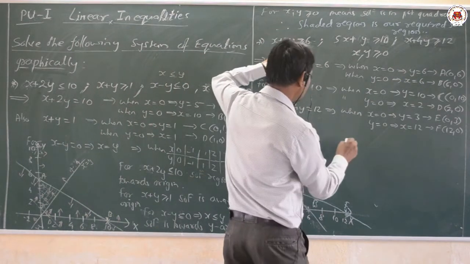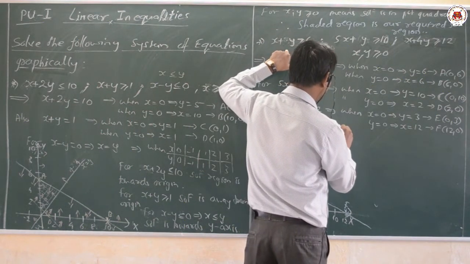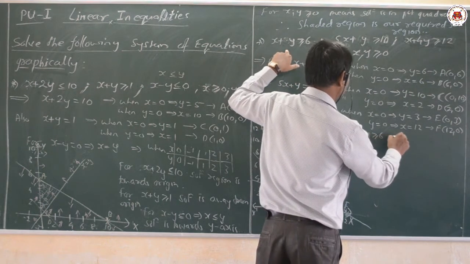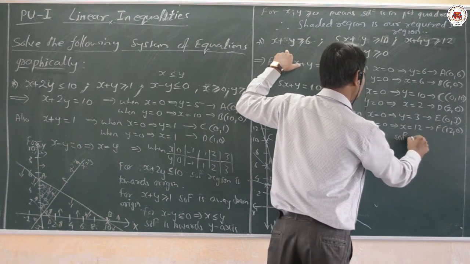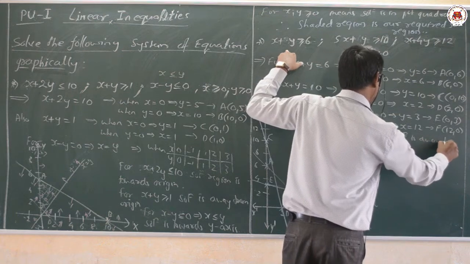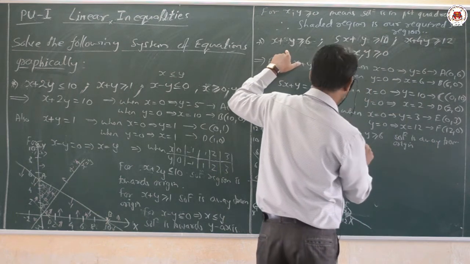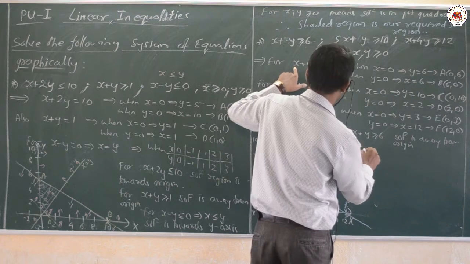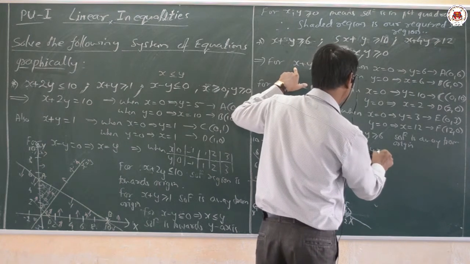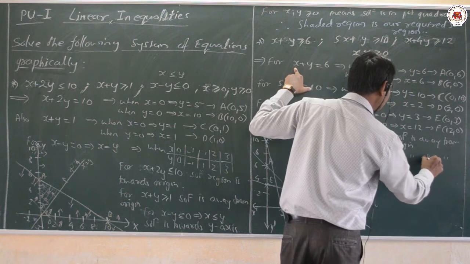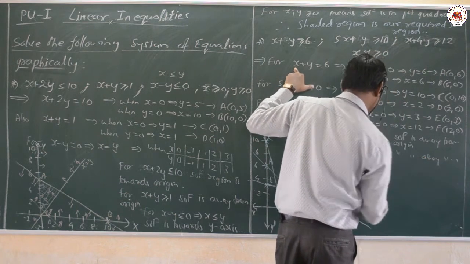For the first line we have the solution, that is for x plus y greater than or equal to 6, the solution is away from origin. And for the second line, that is 5x plus y greater than or equal to 10, the solution is away from origin.